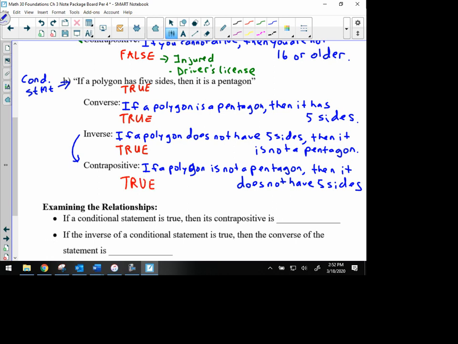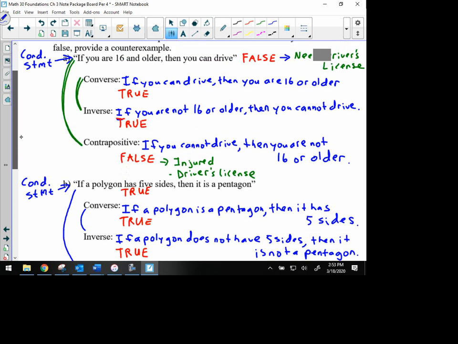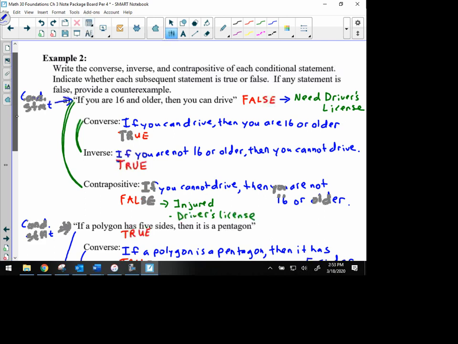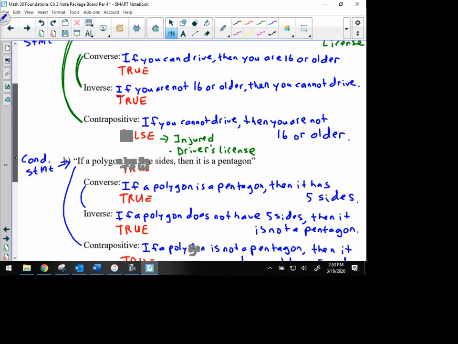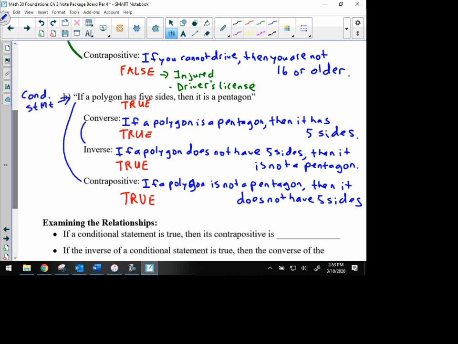Now, it does hold true that if the conditional statement was true, the contrapositive is also going to be true. They go hand in hand. If the converse is true, the inverse is also going to be true. Just like we saw that was the case with example 2A, we also see that it is the case in 2B, even though everything is true.